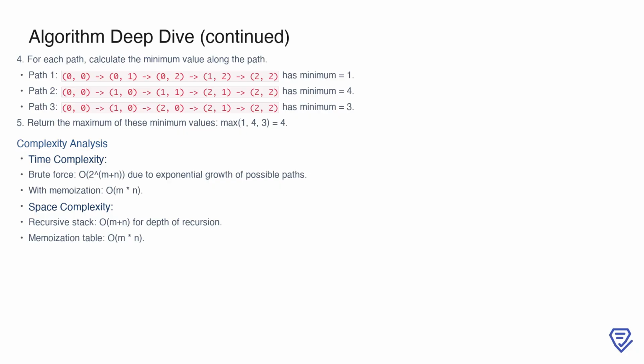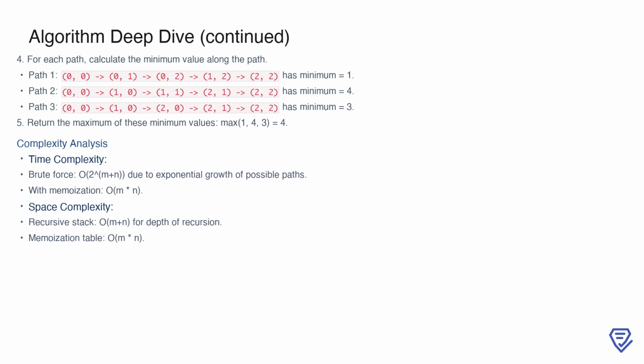Another path, (0,0), (1,0), (1,1), (2,1), (2,2), has a minimum value of 4. A third path, (0,0), (1,0), (2,0), (2,1), (2,2), has a minimum value of 3. Out of these, the maximum minimum value is 4, which becomes our result.